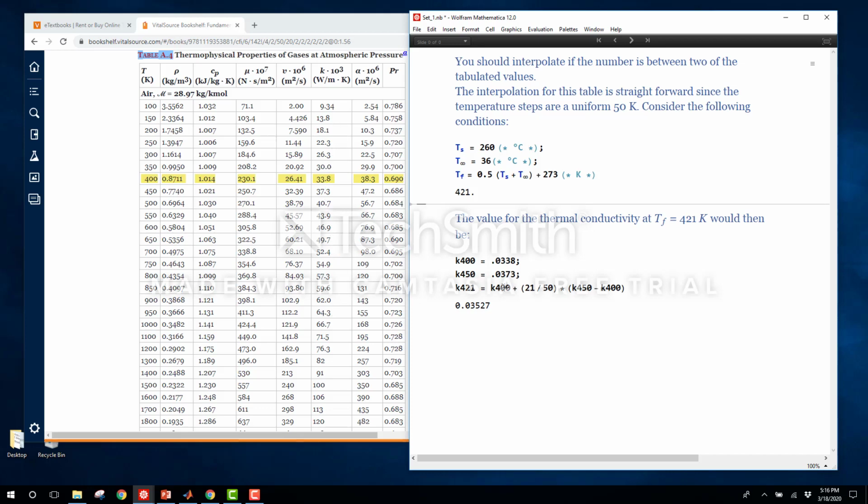So I would take the existing value at 400, and to that I would add the 21, that's 421 minus 400, divided by 50 because the interval is 50, and multiply that by the difference between the two of them. And that gives me my value of 0.03527 if I needed to utilize the thermal conductivity of air at 421 Kelvin.